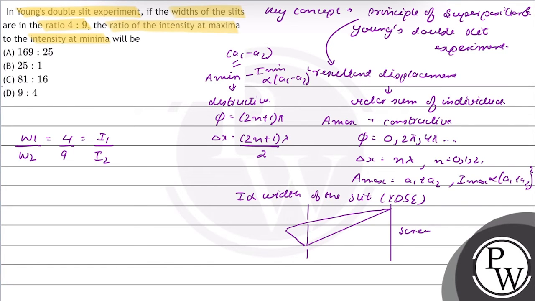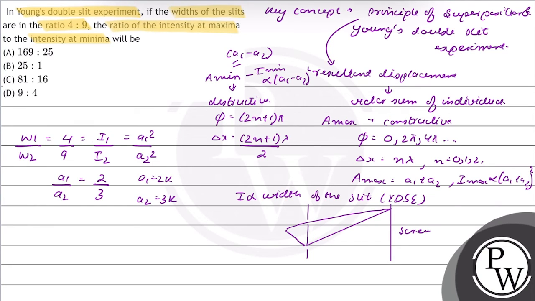Now हमें पता है कि intensity 1 is equal to A1 का square and intensity 2 is equal to A2 का whole square. So A1 upon A2 is equal to 2 by 3. So A1 की वैल्यू होगी 2k and A2 की वैल्यू होगी 3k जिसमें k is the constant.